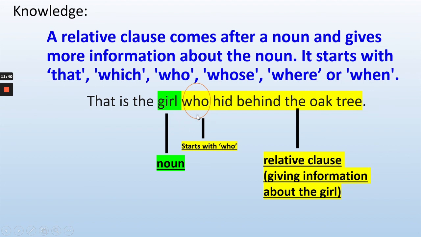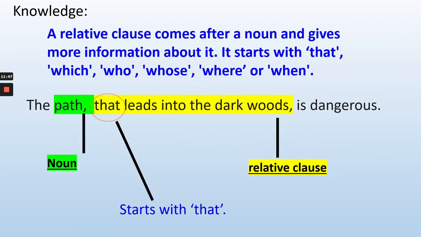Who is one of the words that relative clauses can start with. There's another one. The path that leads into the dark woods is dangerous. Path is the noun. That leads into the dark woods is the relative clause that talks about the noun path.